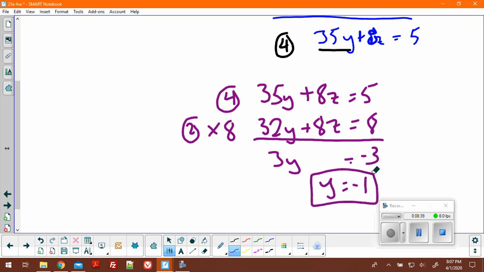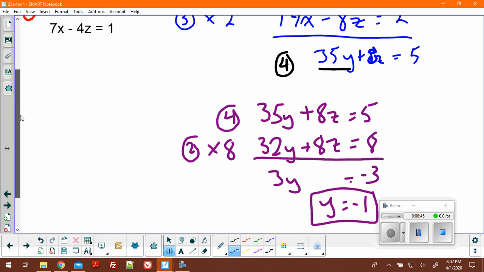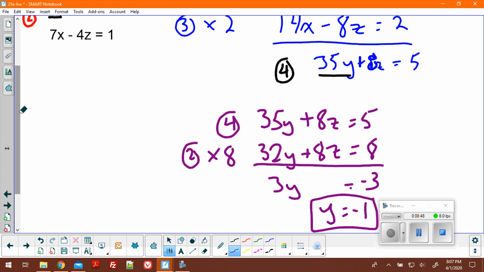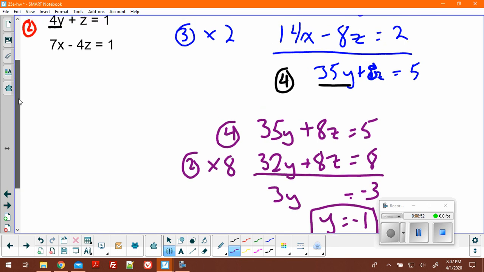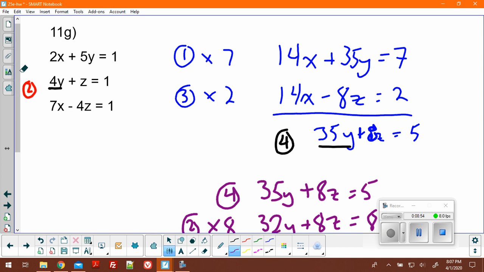Okay, again, I think I'll leave that there because now we've got y, it's pretty easy to solve for z and for x. Notice I chose to do y instead of z because it was easier. Back at the start, it probably would have been easier to eliminate z right away because I just multiply this by 4.